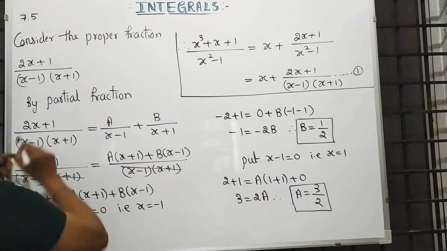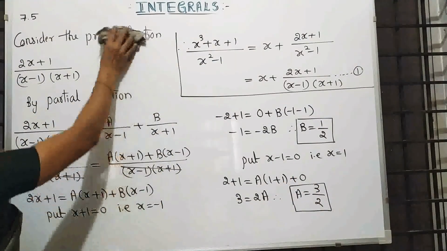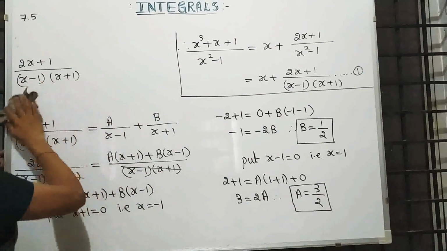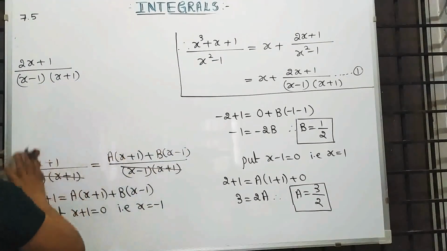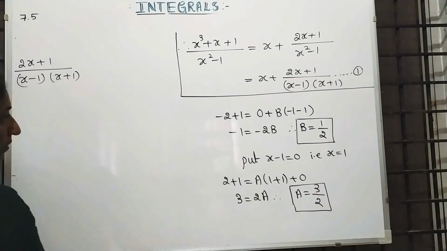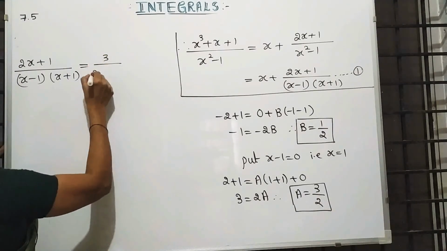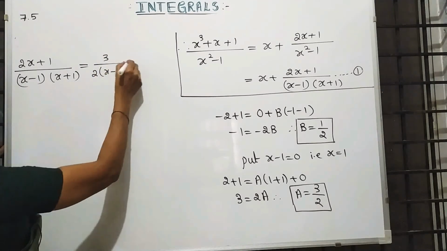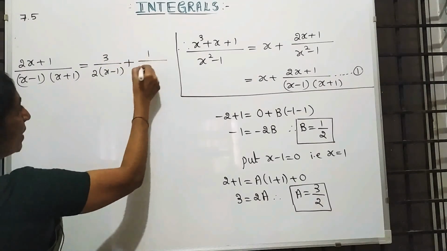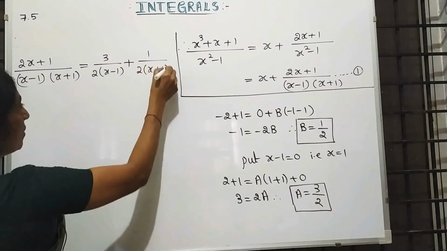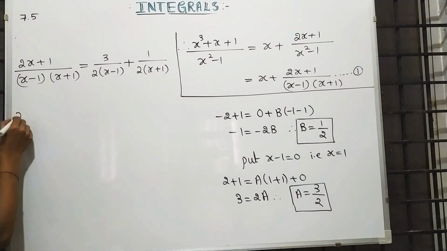Therefore 2x plus 1 upon x minus 1 into x plus 1 becomes, the A value is 3 by 2 into x minus 1 plus B is 1 by 2 into x plus 1. Now write down the given problem.